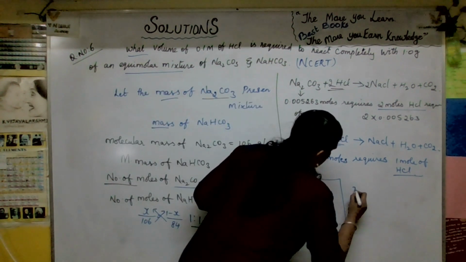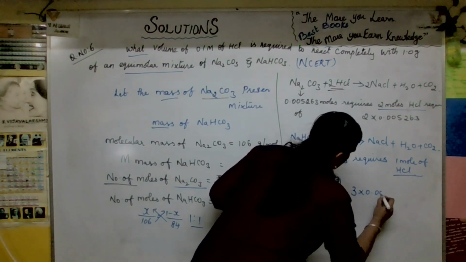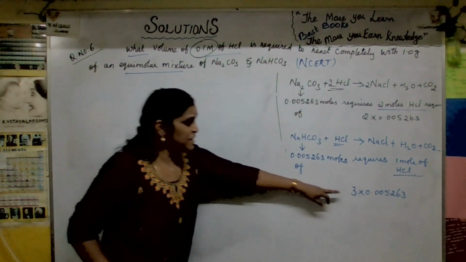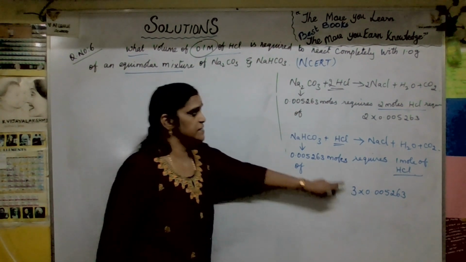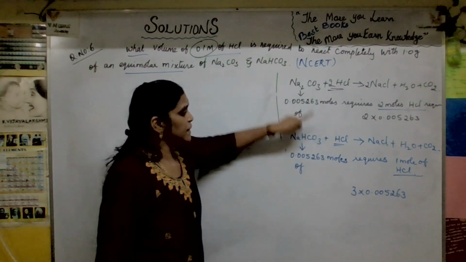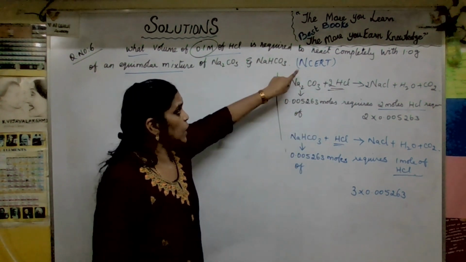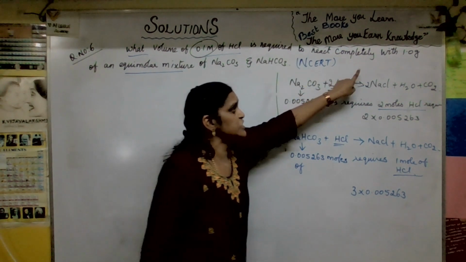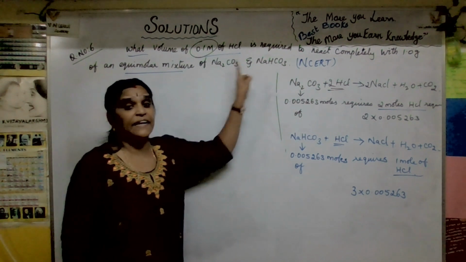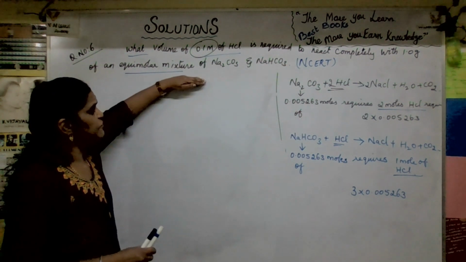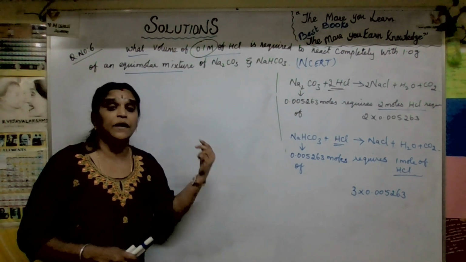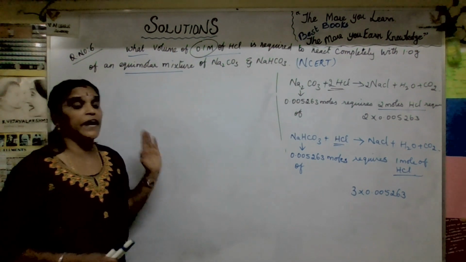So that means here 3 into 0.005263. As I mentioned here 3, you know how do we get this 3? 2 HCl plus 1 HCl. So altogether 3. Why? 3 moles of HCl required to complete the reaction with 1 gram of equimolar mixture of sodium carbonate and sodium bicarbonate. Now we have to check the volume. See here 0.1 M they have given, the molarity. Now we have to find out the volume.